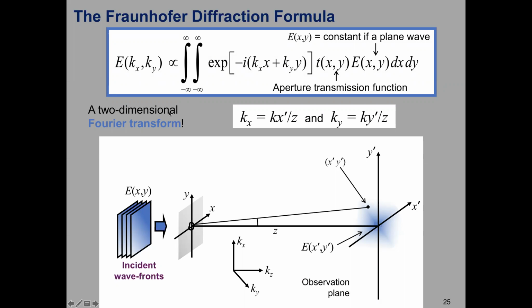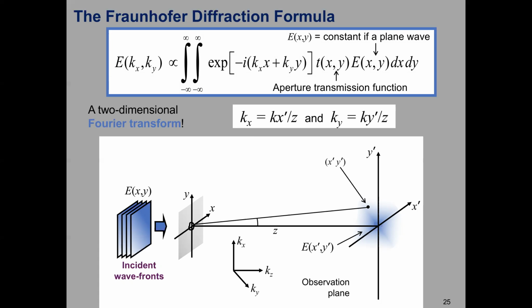However, the other thing we determined on Friday was that the wave vector can be written in terms of the distance from the aperture to the viewing screen, z, the coordinates along the viewing screen, x prime and y prime, and the wave number k. So k here just stands in for 2 pi divided by the wavelength of whatever wave we're talking about.